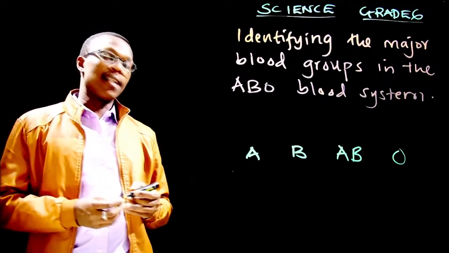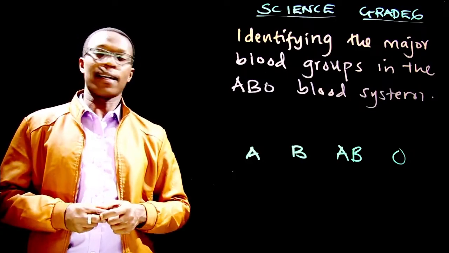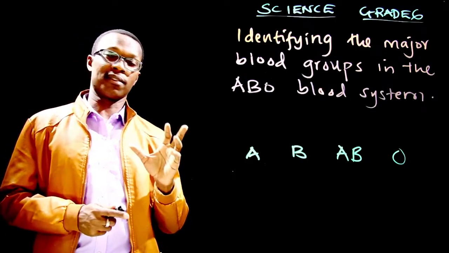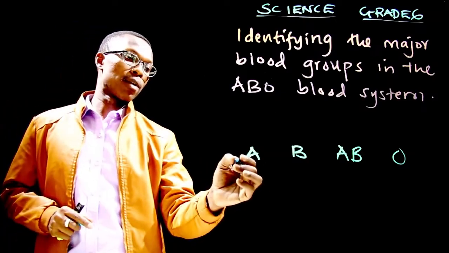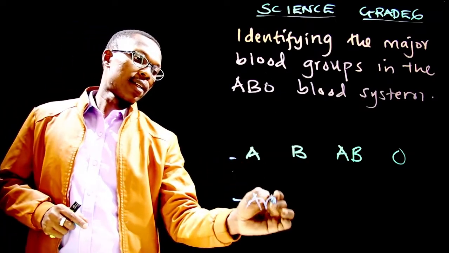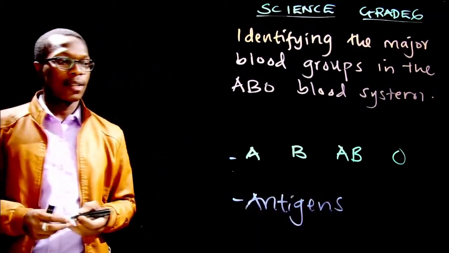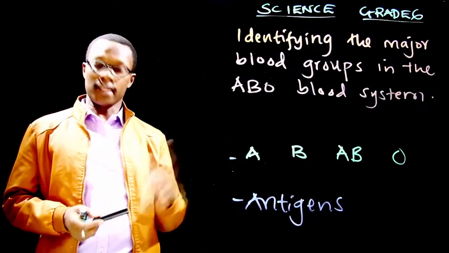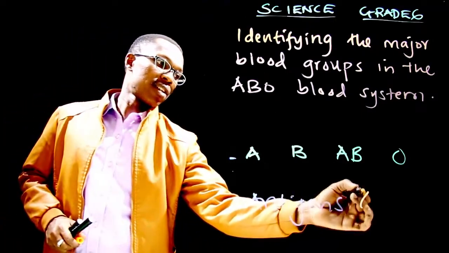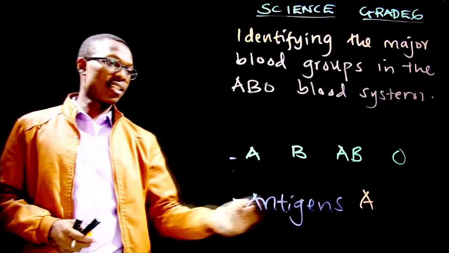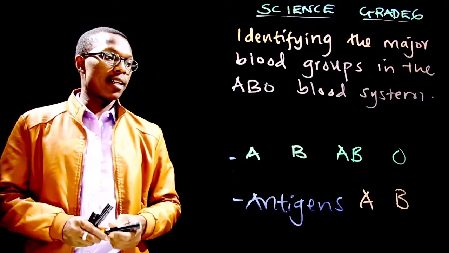It's normally easy for you to identify these blood groups if you know what we call the antigens. These antigens can either be antigen A or antigen B. Okay, remember that there are two.